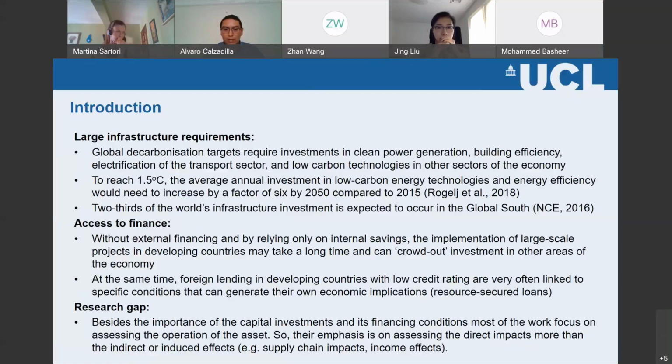And this is what we want to do now. When we introduce this model, we want basically a framework which allows us to assess the economic impacts along these different phases, the construction phase, the financing phase, and the operation phase, in order to assess all the impacts, the indirect, the direct, and the induced effects.